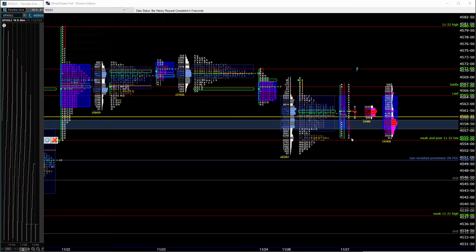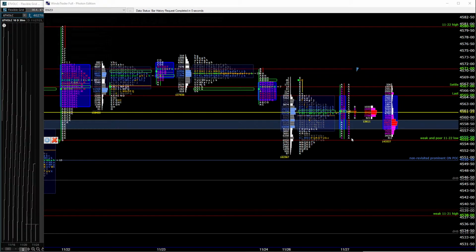Extremely risky long trade if that happens. The trend remains intact, so far remains intact. It's weakening, but remains intact.